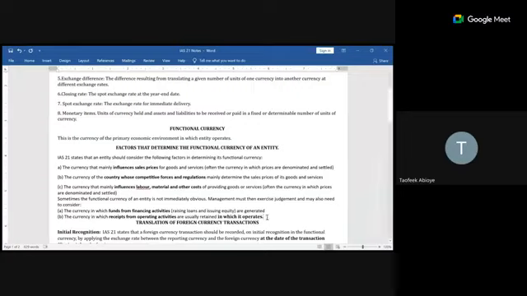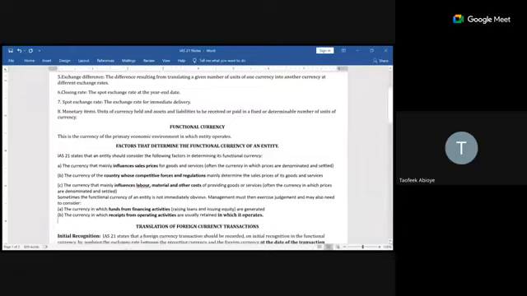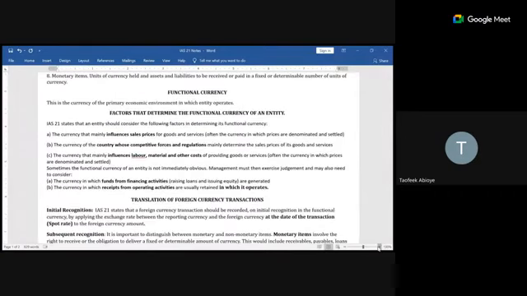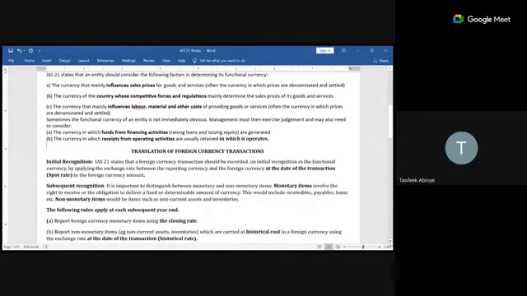When you receive funds from your operations, what is the currency that will influence it? That is the last one. So those are the factors that determine the functional currency. Please take notice, it's very, very important. I think I can increase my font a little for the people joining on YouTube.